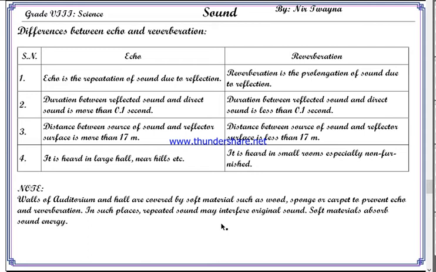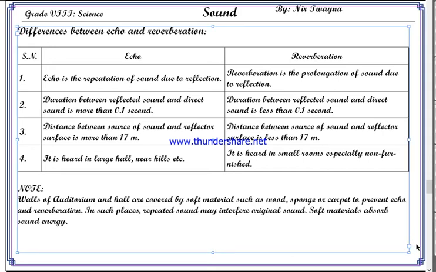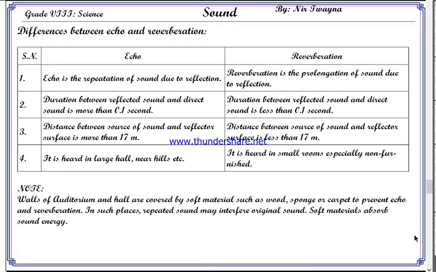Now think about a hall. A hall or auditorium is very large, isn't it? So the reflected sound might arrive after 0.5 second, 0.6 second, or even after 1 second or 2 seconds, because of the very large size of a hall, if there is no sound absorbing material. Now think of the situation in which this scene has already gone.